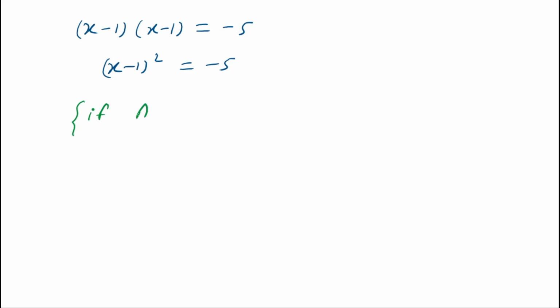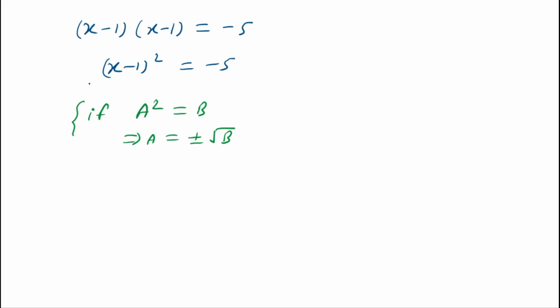So if we take common x minus 1, then here x minus 1, this is equals to minus 5. X minus 1 times x minus 1 is x minus 1 whole square, and this is equals to minus 5. Here we will apply this rule: if a square is equals to b, this implies a is equals to plus minus square root of b.